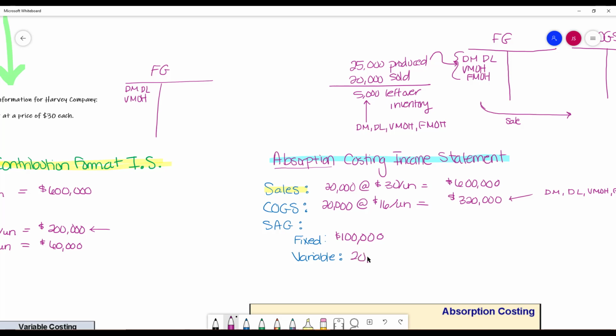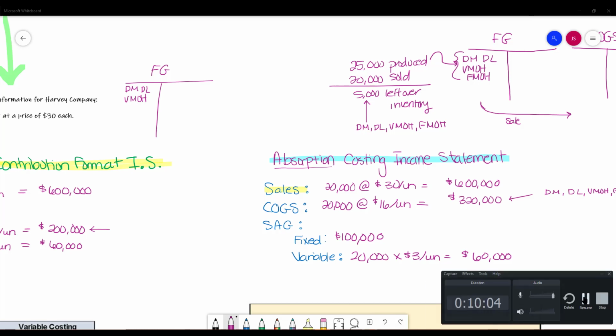So we sold 20,000 units, and each of those units costs us $3 per unit in selling and administrative expenses. 20,000 units times $3 per unit comes out to $60,000 in total variable selling and administrative costs for this year.